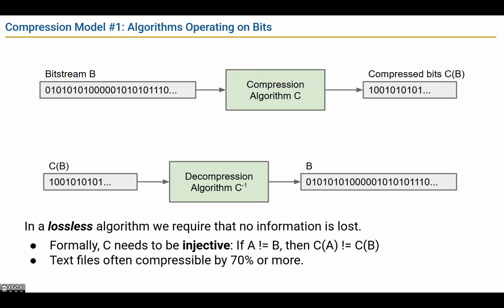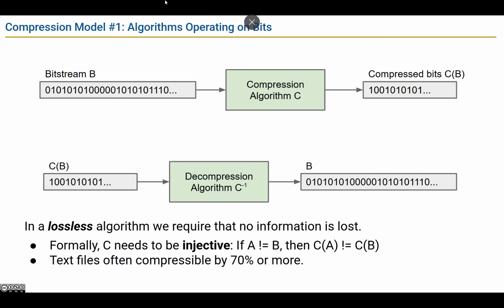We need to have this inverse algorithm, which takes our compressed bits and unfurls it back into our original large size. Now, in general, text files tend to be very highly compressible. If you're dealing with actual real-world data, like the text of a book, you're going to get compression rates around 70% or more. It is effectively possible to compress things.